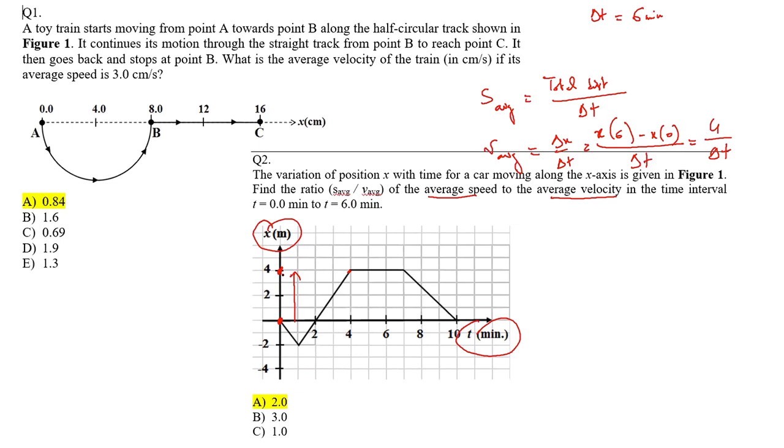Now, what is my path? The path is this. I started here, I went to -2, and I came back to 0 again, and then I went to 4. So the total distance is equal to what? 8. Yes, 8. Can you repeat, Doctor? Look at the path, the total distance that I have covered. I went down to -2, I came back to 0, and then I go back to 4.